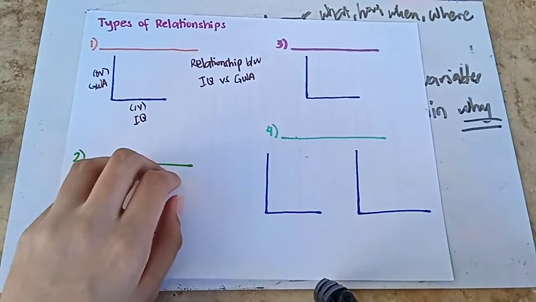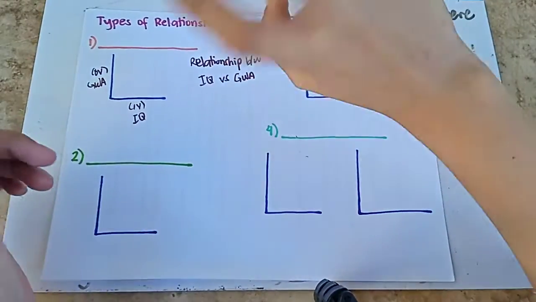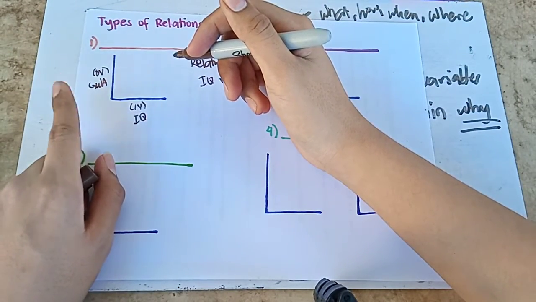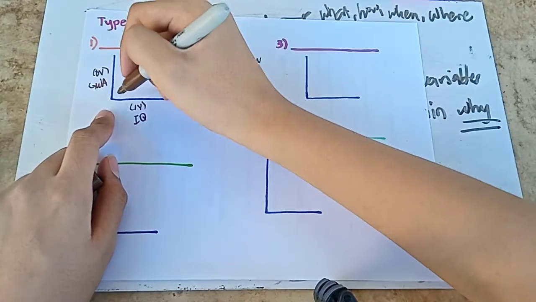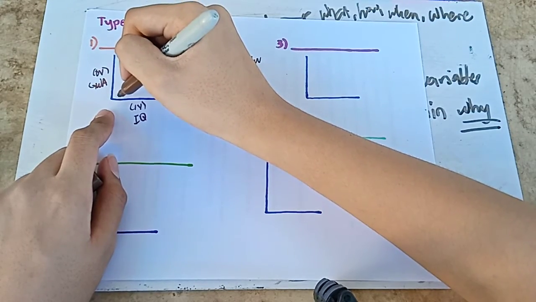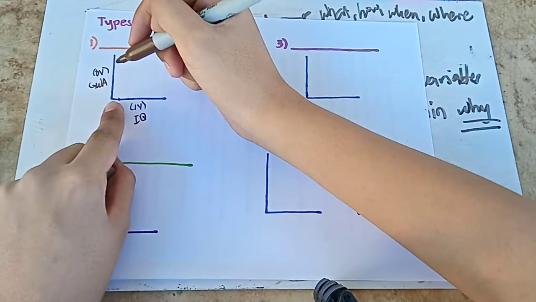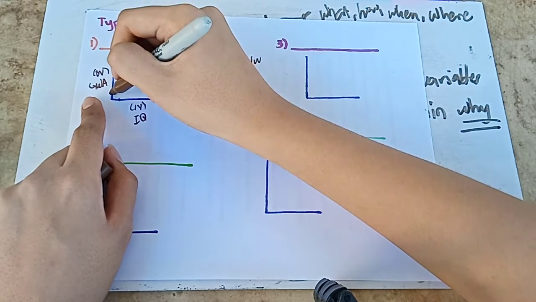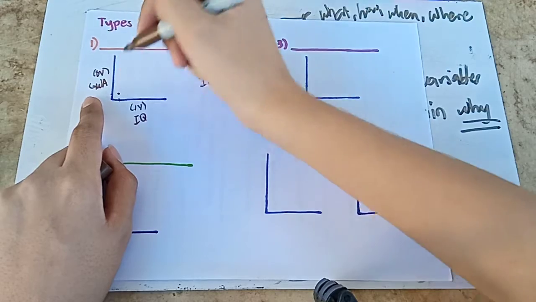Now, let's say this is the scenario. If the IQ of the person is near 1, the GWA can be relatively low also.